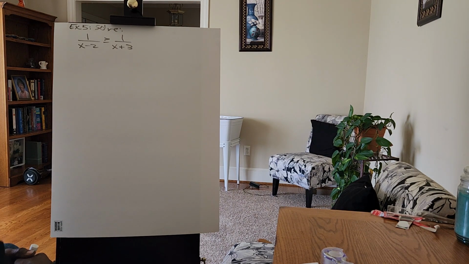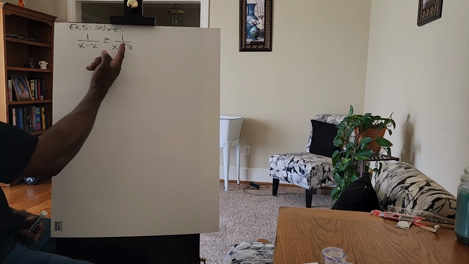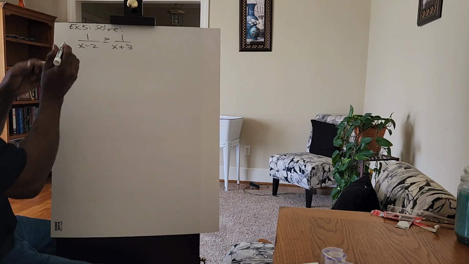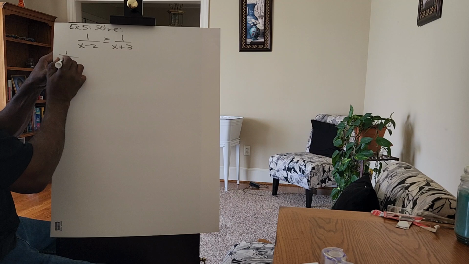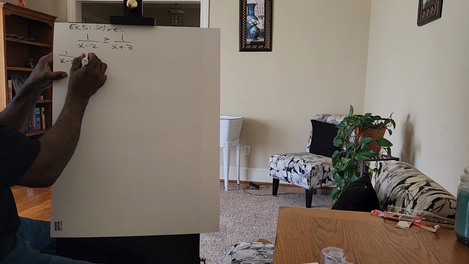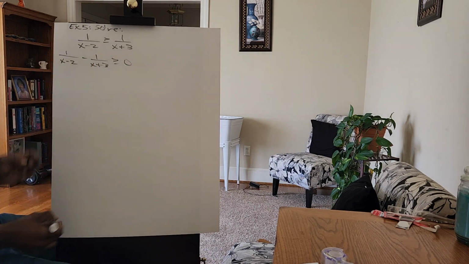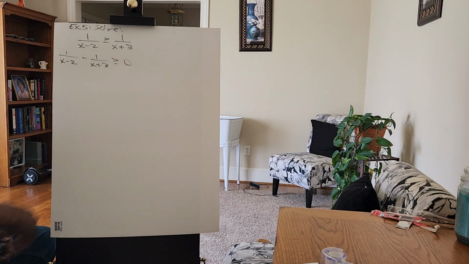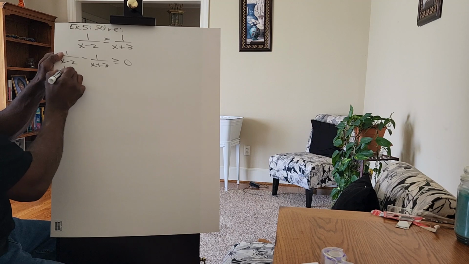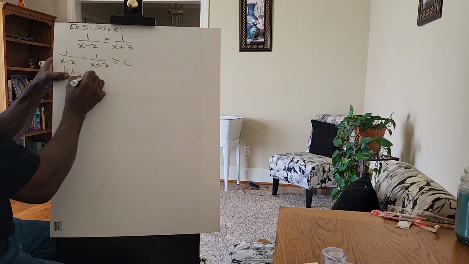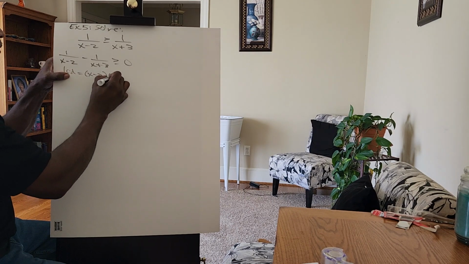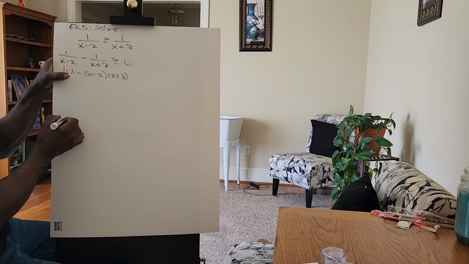Well, again, we always said we wanted 0 on one side, so I'm going to subtract 1 over x plus 3 from both sides. Now I'm trying to subtract fractions. To subtract fractions, you got to have a common denominator. The common denominator, the LCD, would just be the product of x minus 2, x plus 3.